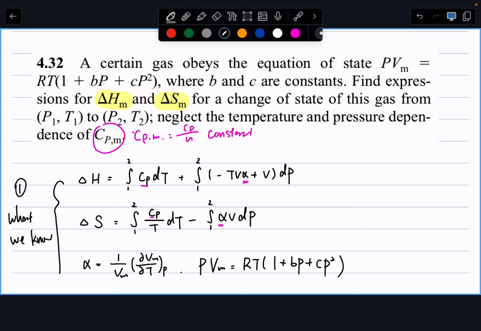Because the question says Cp is constant, we can take the Cp out to have my Cp delta T. We can do that only because the question gives us Cp as a constant. Alternatively, I can also give you Cpm equals, let's say, RT, then it's gonna be a different integration.